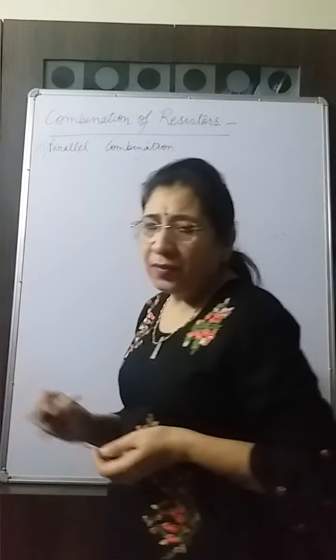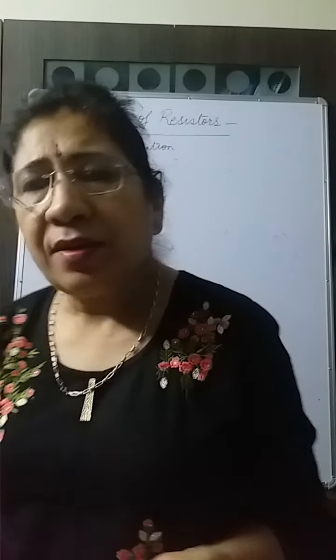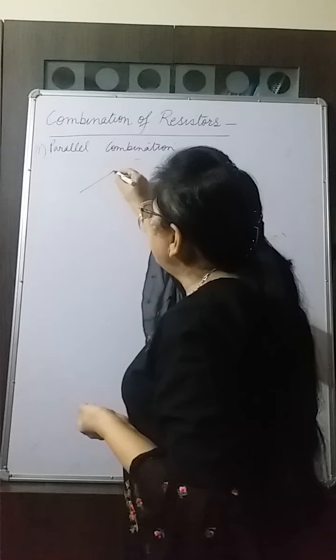Parallel combination. Again we will connect three resistors. Parallel combination means that one end of all the resistors is connected to one point and the other end of all the resistors is connected to another point. So let us take three resistors here.